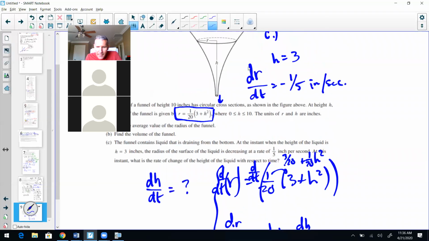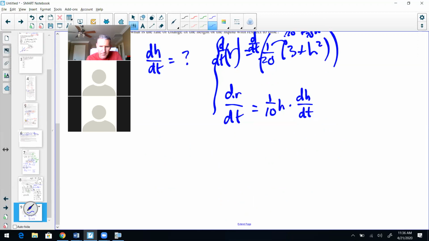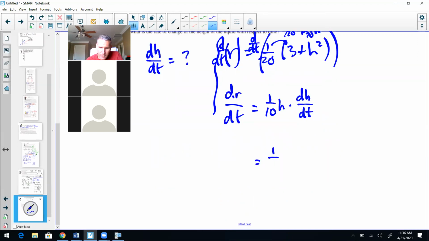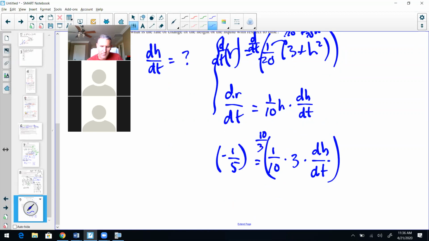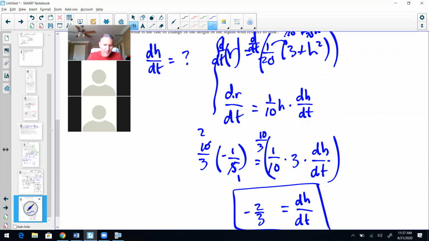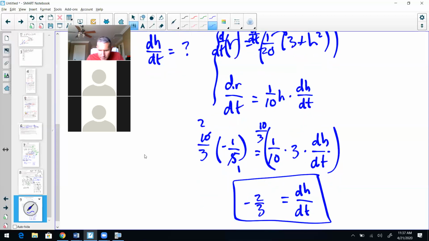Now they said H was equal to 3, and they're looking for dH/dt, and dR/dt, they told us, is negative 1/5. I'm not going to put units in there because I'm just doing this quickly. So you multiply both sides by 10/3, I get dH/dt is equal to negative 2/3, and that's going to be inches per second.